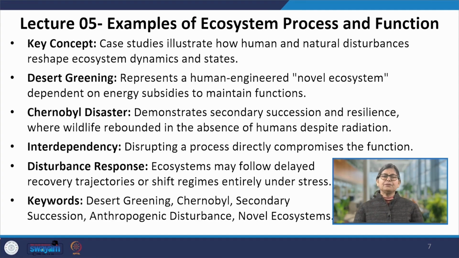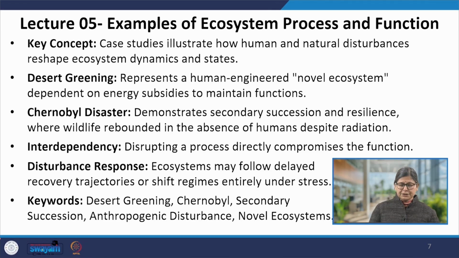The fifth lecture was on examples of ecosystem process and function, and by now I hope you have started enjoying and appreciating the method we have followed in this particular course, that is always with examples. The key concept was case studies illustrating how human and natural disturbances reshape ecosystem dynamics and states. Desert greening represents a human-engineered novel ecosystem which is dependent on energy subsidies to maintain functions.